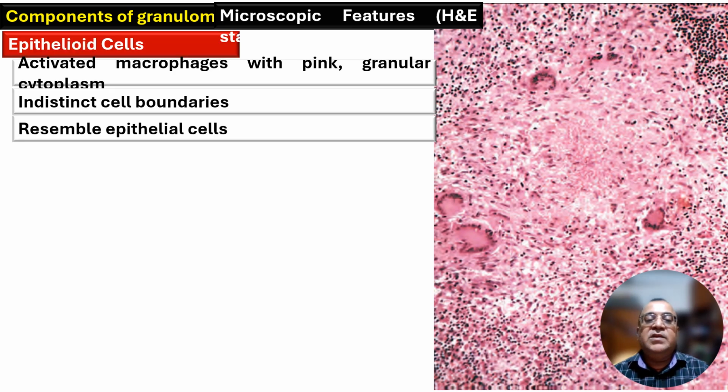So when we see the lesion or the morphology of granulomatous inflammation under the microscope, we can see epithelioid cells. These epithelioid cells are activated macrophages, and here they have pinkish granular cytoplasm.